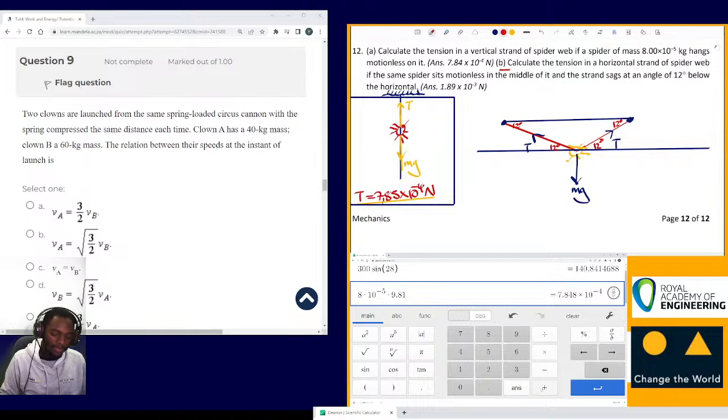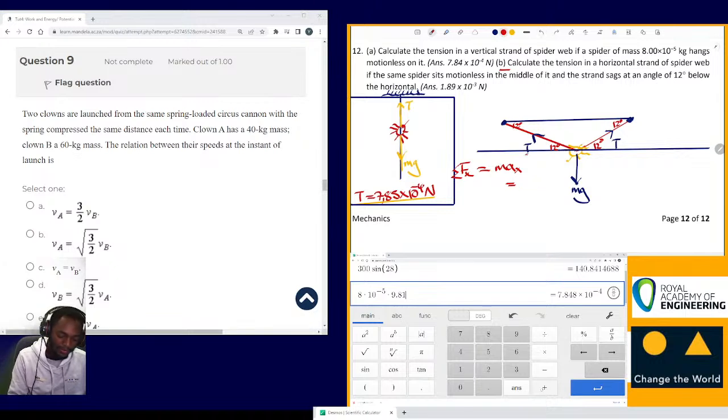So, what are we told? Calculate the tension in the horizontal strand of spider web. So we want the tension in the string. We can start by analyzing in the x. The summation of forces in the x is equal to m a in the x, and this is stationary so it's going to be equal to 0 anyway, but we can identify the forces in the x.